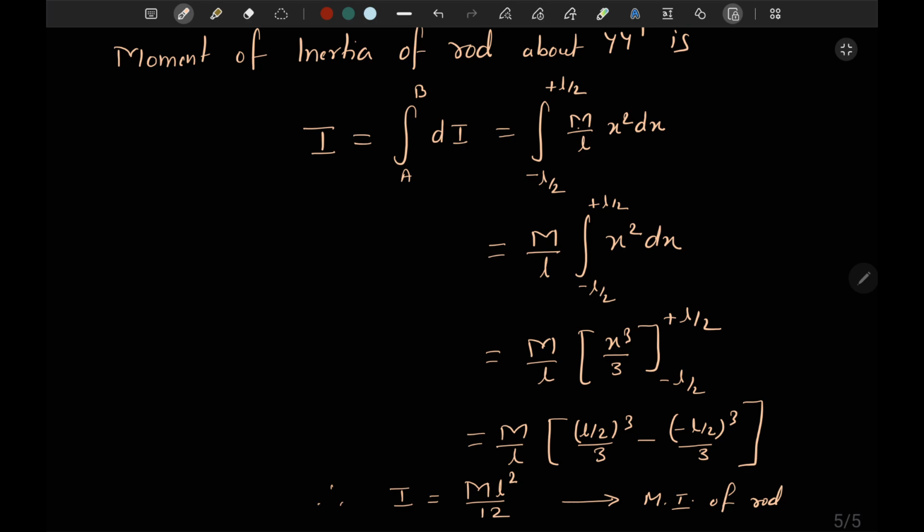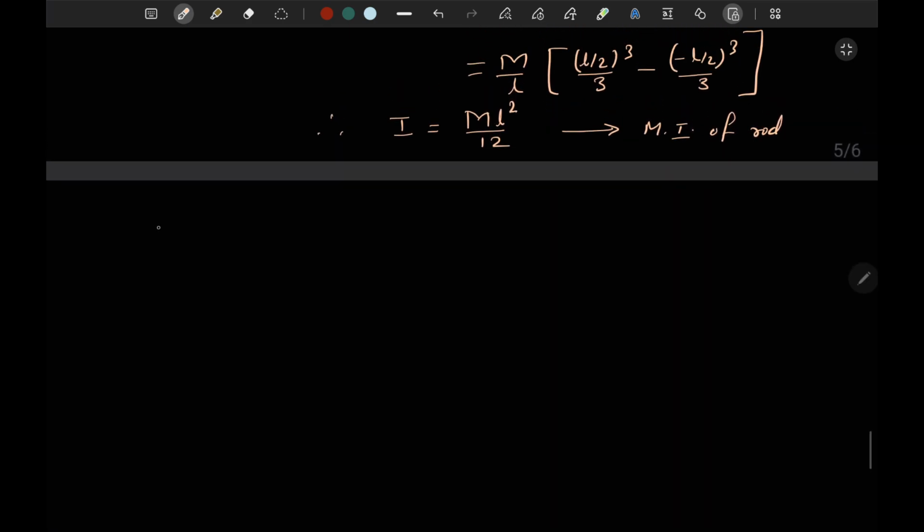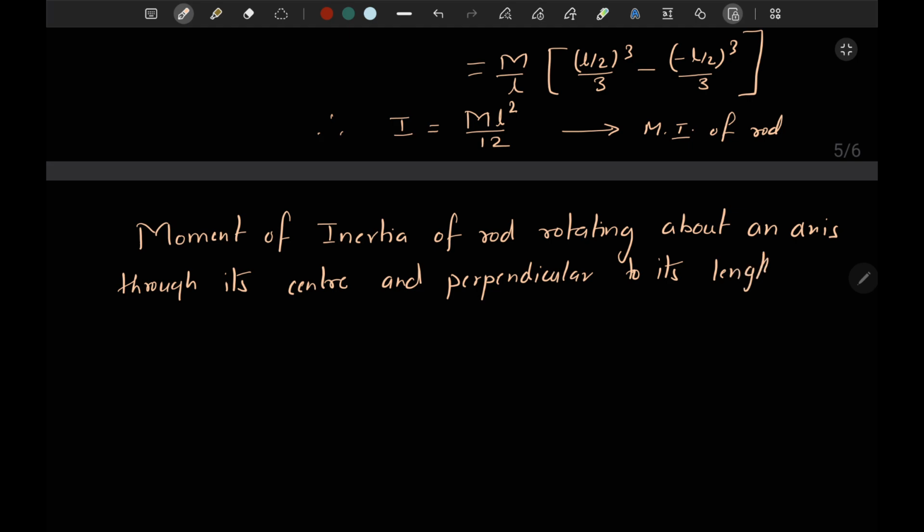And now this expression is for the moment of inertia of a rod rotating about an axis through its center and perpendicular to its length.